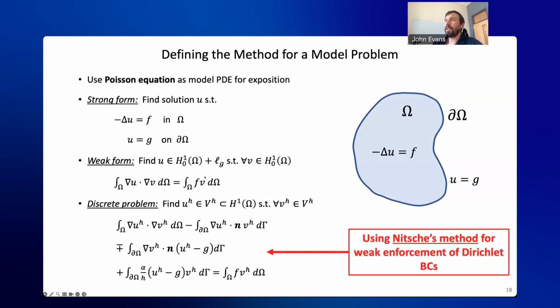So what we do is we augment this with a so-called consistency term that results from integration by parts, a symmetry or anti-symmetry term that acts to make the stiffness matrix either symmetric or the contribution anti-symmetric, plus a penalty term that restores coercivity in the case of a symmetric Nitsche method.